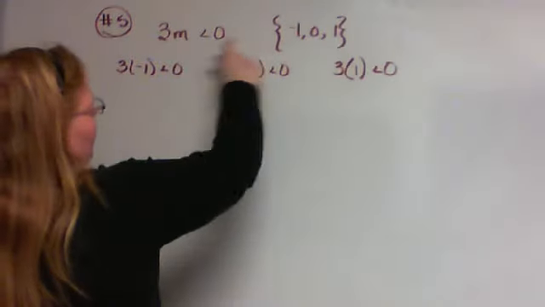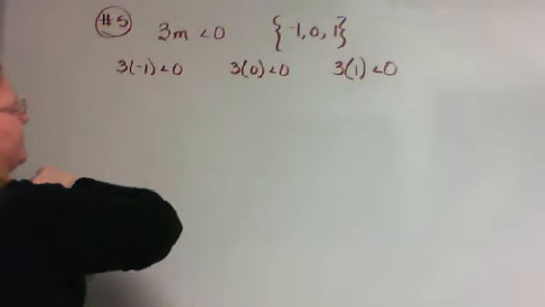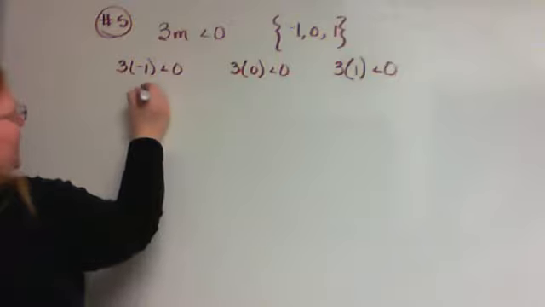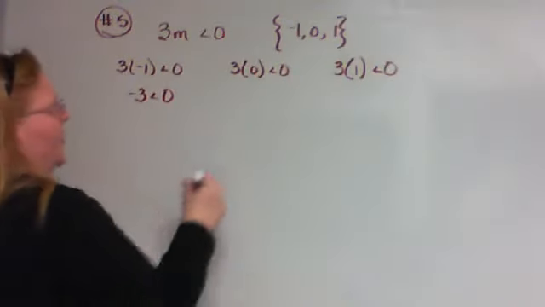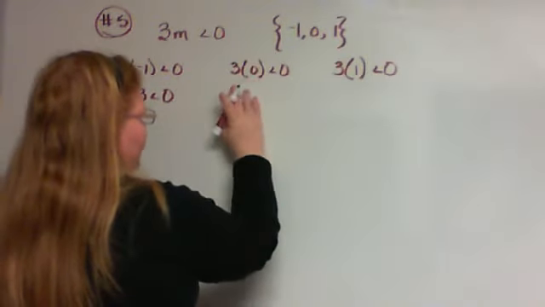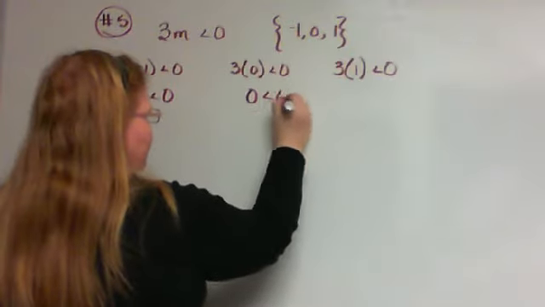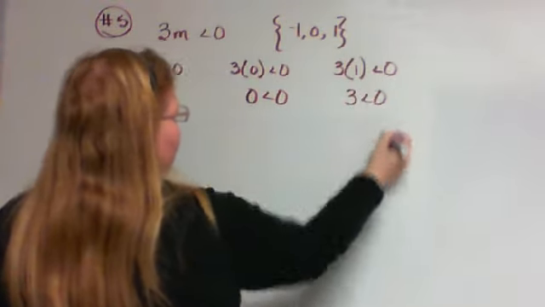All I did was replace each of these numbers in place of my letter. So for this one, 3 times -1 is -3 is less than 0. 3 times 0 is 0 is less than 0. And then 3 times 1 is 3 is less than 0.